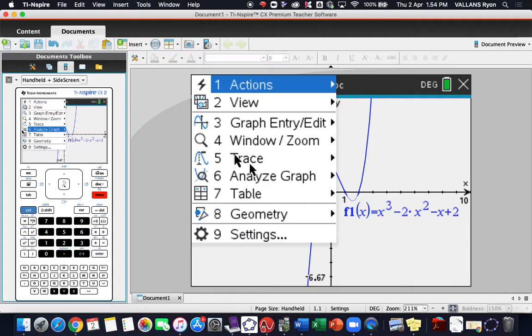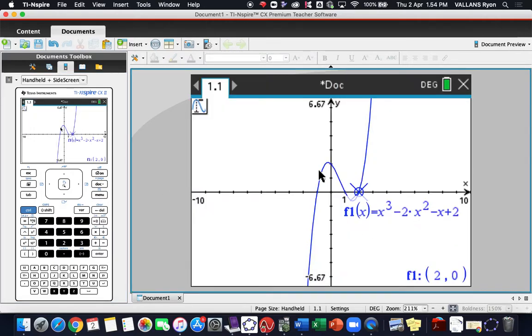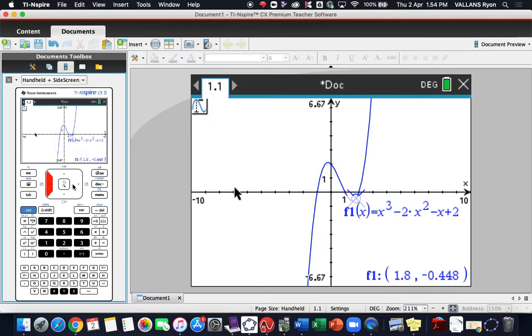If you hit menu and you hit trace, graph trace, here's the nice thing about your calculator. You can just scroll. It will tell you key points. It says 0, 2. Watch what happens. Minimum, 1.54, negative 0.63. Keep going. 0, 1, 0. Keep going.